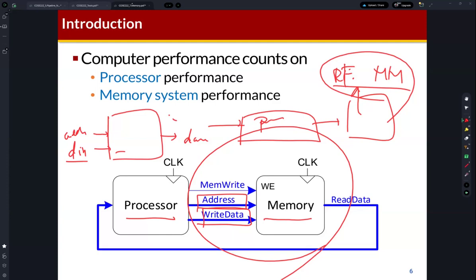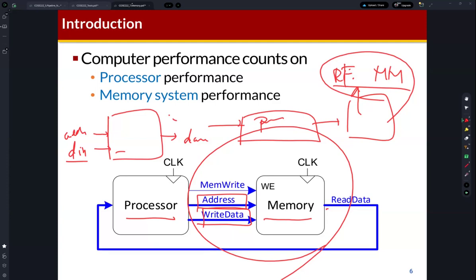The processor can provide the address, then the data can be read from the memory. So the processor accesses data in the memory.